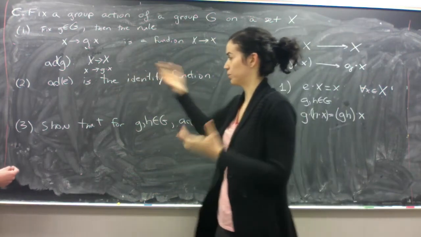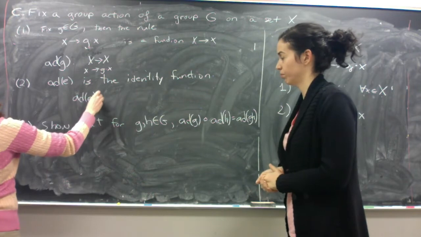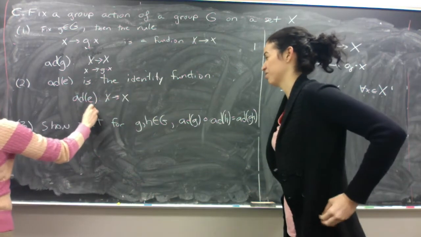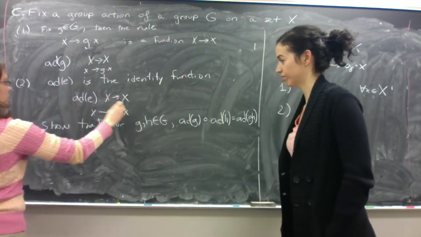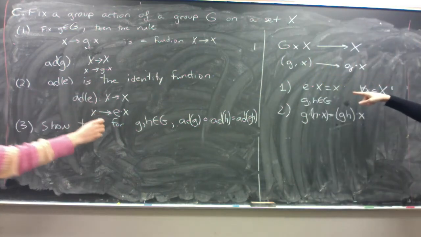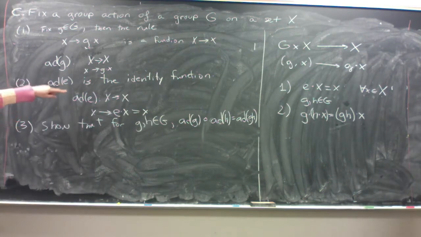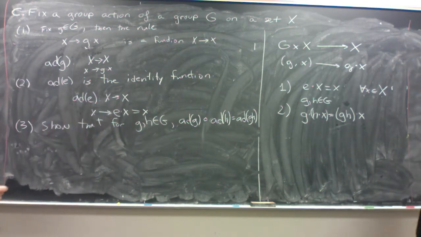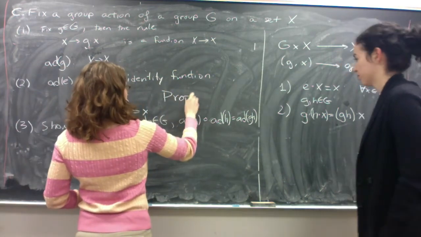We have a formula. ad E is a function from X to X. It sends X to E dot X. But we know what that is. This is X. And so this is the identity function because X gets sent to X. So this is property 1, essentially.